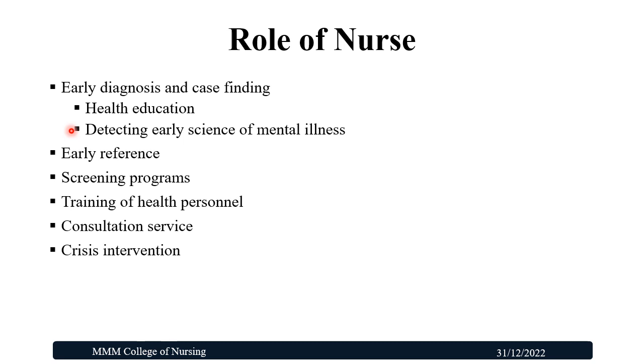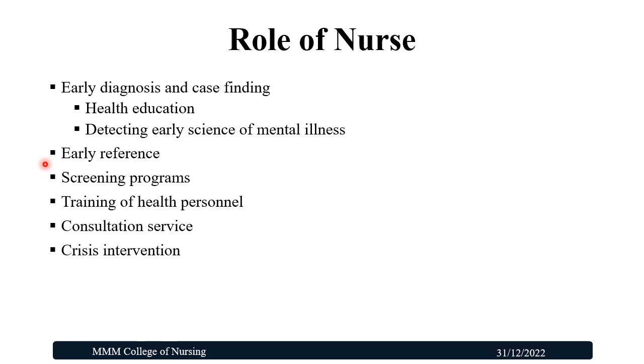So this will enable her to help patients not to attempt suicide another time. Instead, helping the patient to have a wish to live in this world. So that is a very important role of the nurse here.